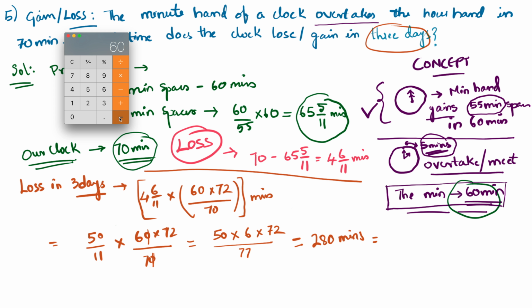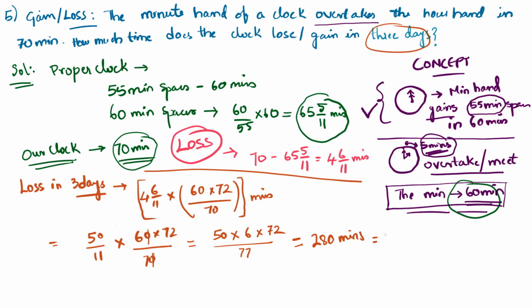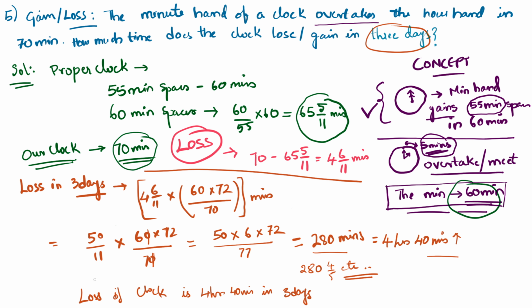If you could actually put it in fractions, and if you have the multiple choice of fractions, you could do it, but otherwise an approximation will do the job as well. So the loss of the clock in 3 whole days is approximately 4 hours and 40 minutes.